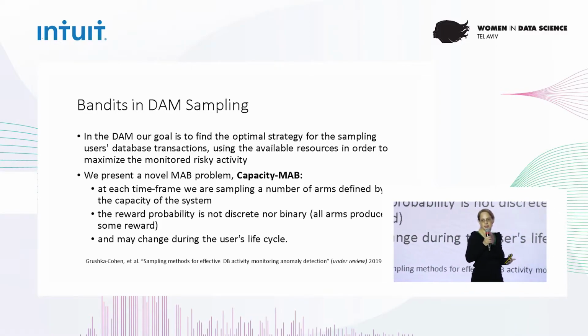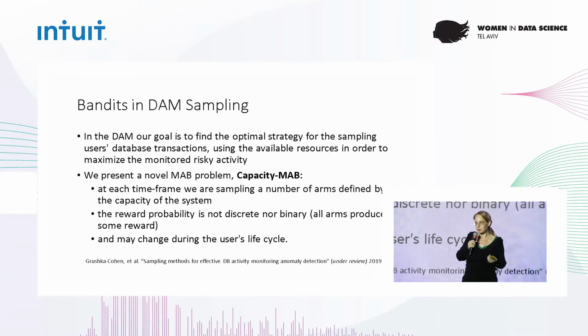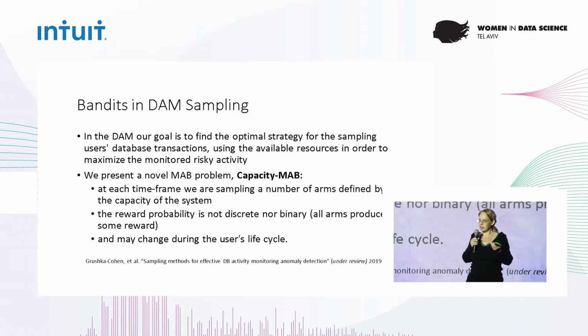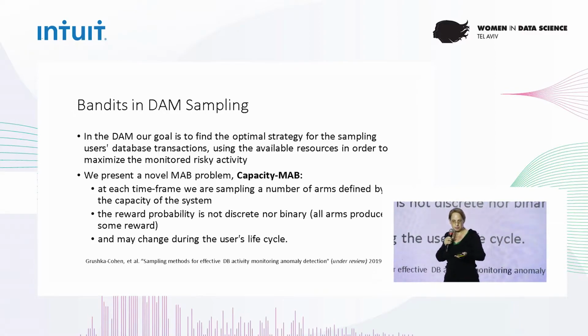But mathematically, it's not identical to the multi-armed bandit problem. It is different. Why is that? Well, in the original problem, we are only pulling one arm at a time. In our problem, we have a capacity that may vary, and we want to exploit it as best we can. We want to follow and monitor the users that are most likely to be risky.